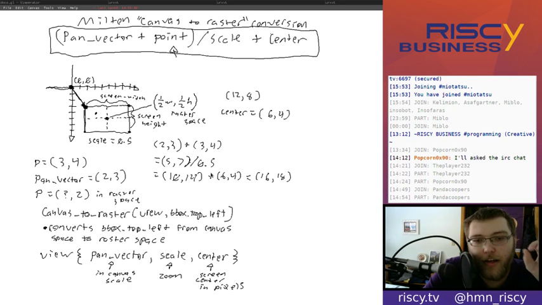Maybe we want to think of the screen as this fixed thing and the canvas as shrunk down or expanded, right? If we're zooming in, then we'd be blowing up the scale of the canvas space. But does it matter which way we think about it? Isn't it the same thing either way?